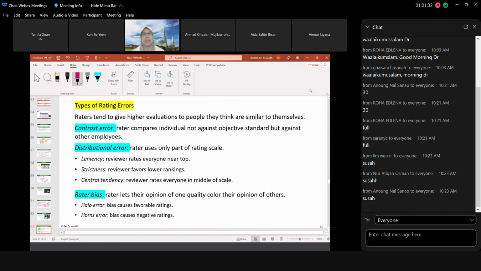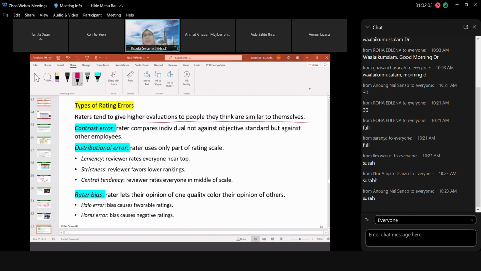One very common reason why these errors and biases happen is because we tend to give a higher rating to someone who is similar to us. Meaning people who can work along with us very well. We have the same way of thinking, maybe the same way of doing things.